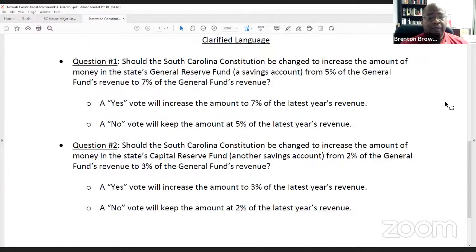All they're asking voters to do is whether or not they should increase the allocations from 5 to 7% for the General Reserve Fund, and from 2 to 3% for the Capital Reserve Fund. So if you want the state to save more money, you would select yes. If you want them to leave the savings allocations as they presently are, you would just mark no.